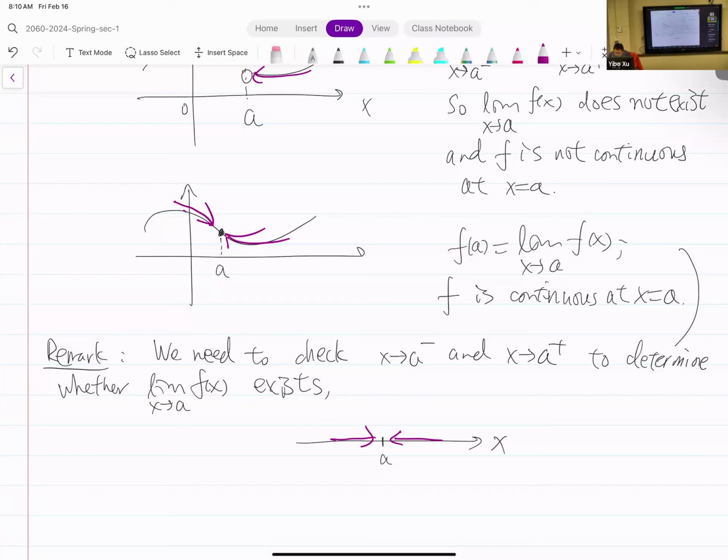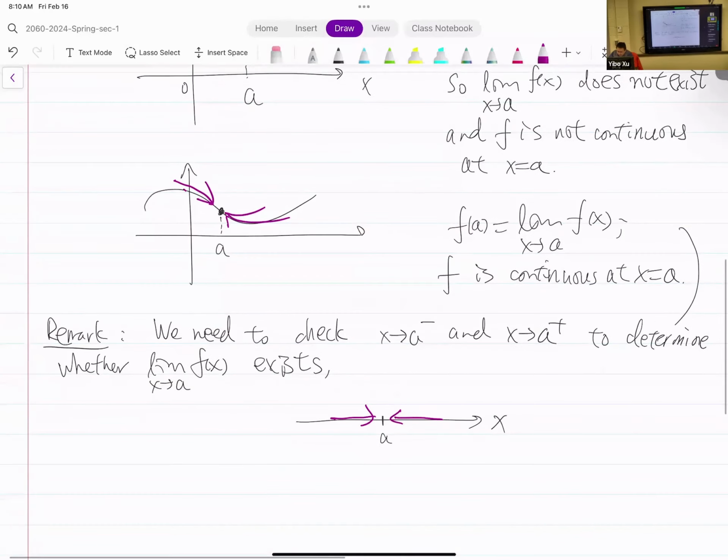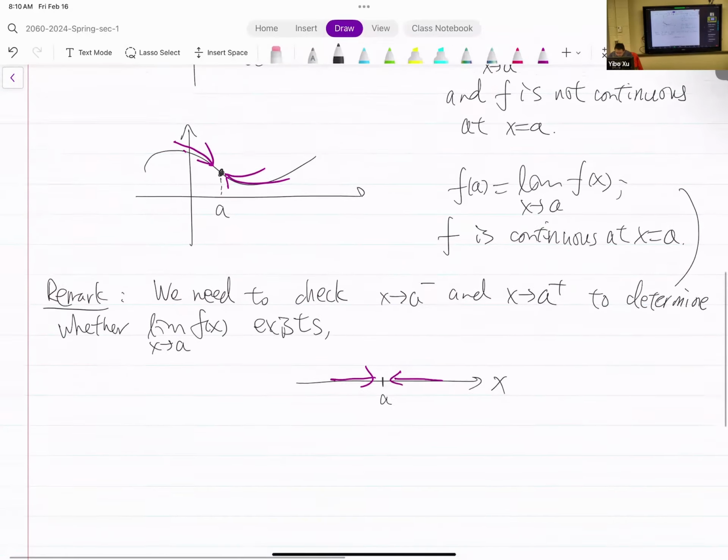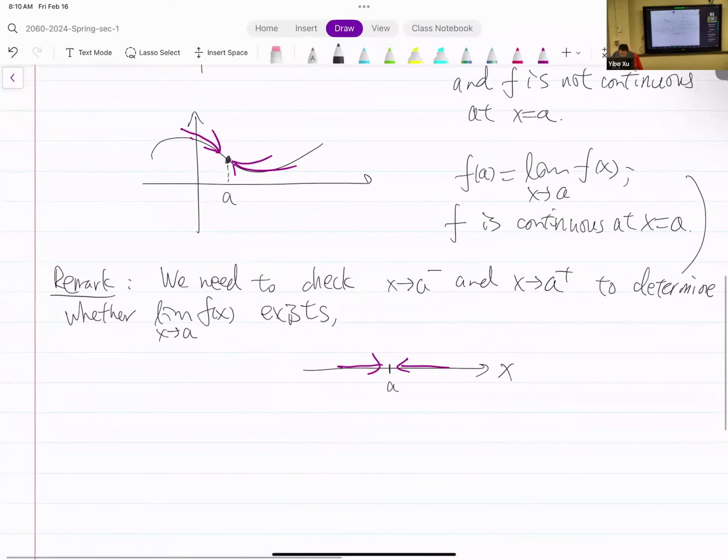Okay, and we have to check both. But then for multivariable functions, it's going to be a little bit harder because on a plane there are infinitely many possible directions. It could be linear, could be not even linear, like a zigzagging that we have established a little bit earlier.